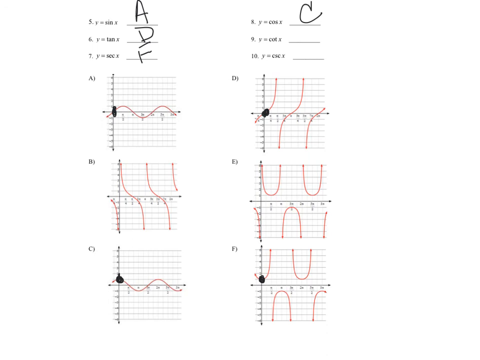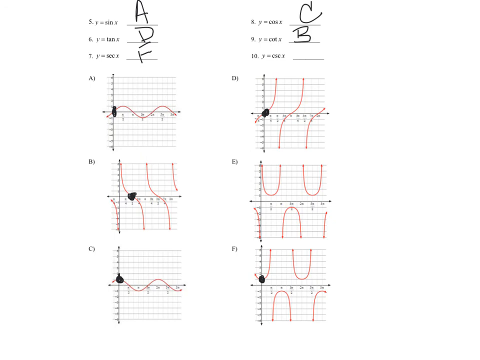Cotangent is the reciprocal of tangent. So we know that if tangent crosses at 0, cotangent is going to cross at pi over 2. So that's this one. And it also opens the opposite direction. So we're going to use B for cotangent.